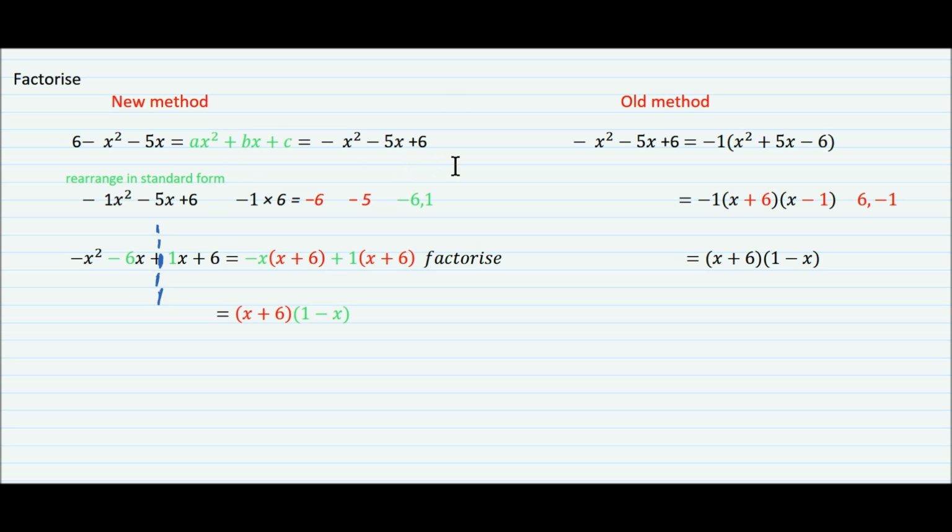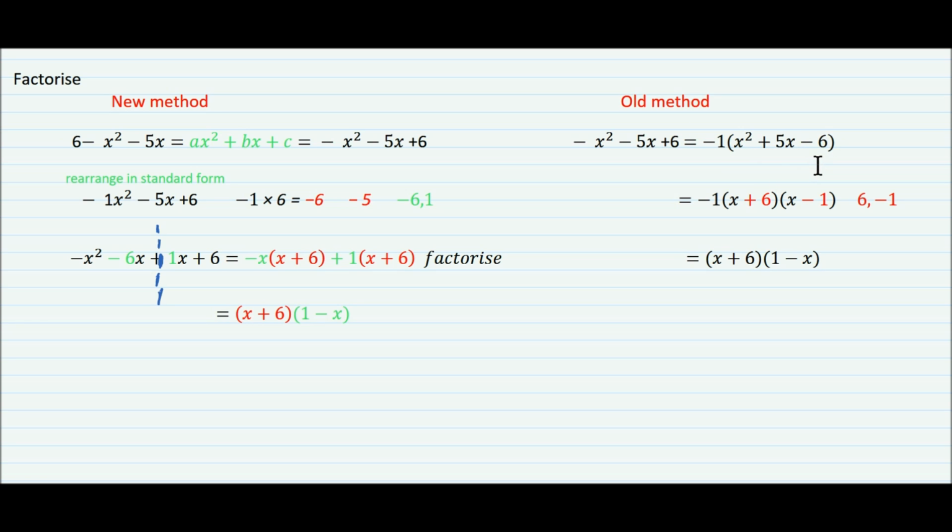Now from the old method, we could do this. You put the negative outside because there's a negative in front of the x squared. You have to put a positive there. So you put a minus 1 outside the bracket, and this sign changes to positive. So you have positive x and positive 5, and this sign changes to a negative. Once you have this, you factorize this from the original method.